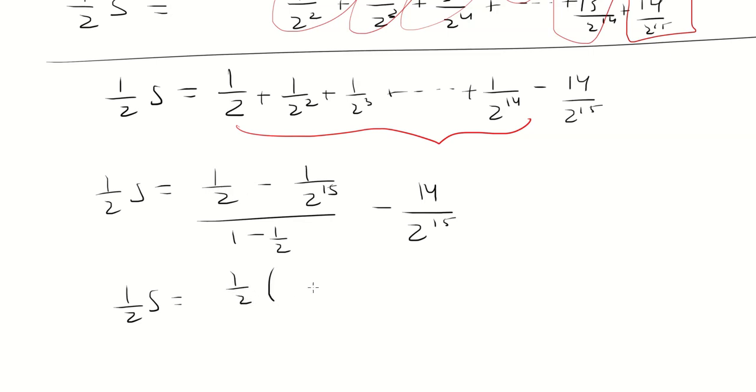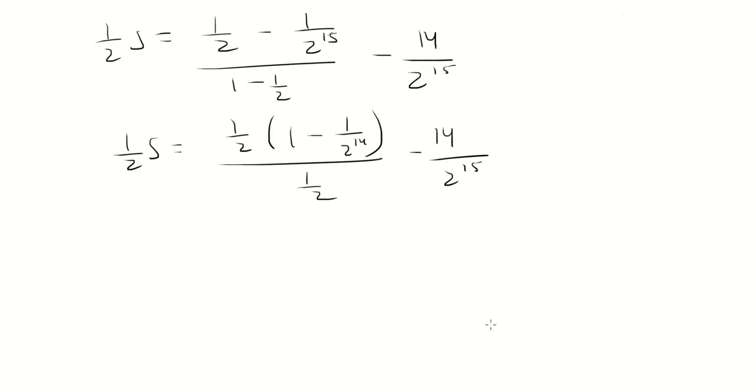We have 1/2, and then 1 minus 1 over 2 to the 14th over a half, minus 14 over 2 to the 15th. I can cancel the halves and have 1/2 S equals 1 minus 1 over 2 to the 14th minus 14 over 2 to the 15th.